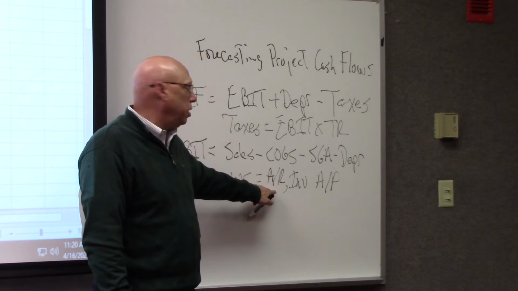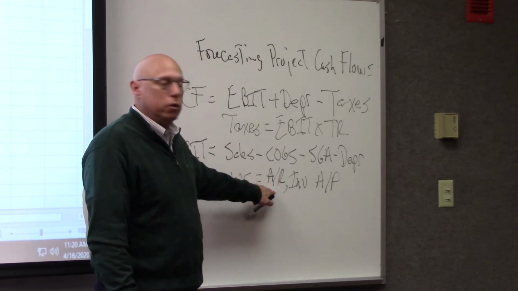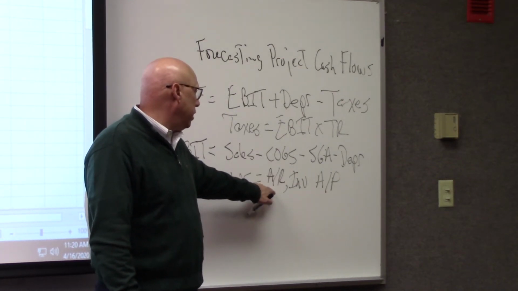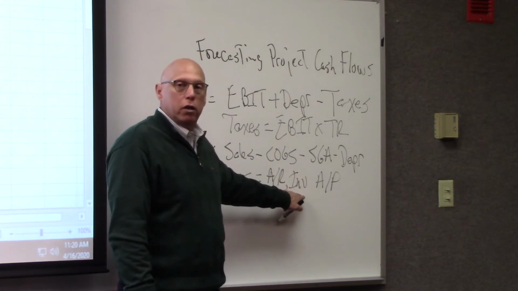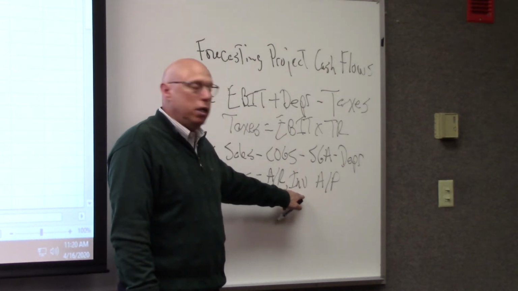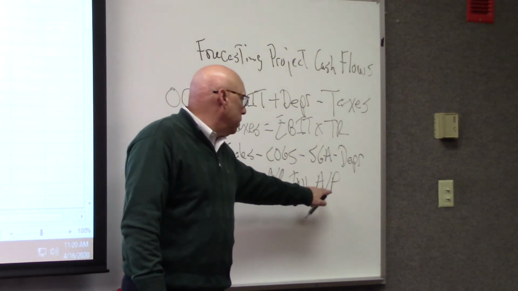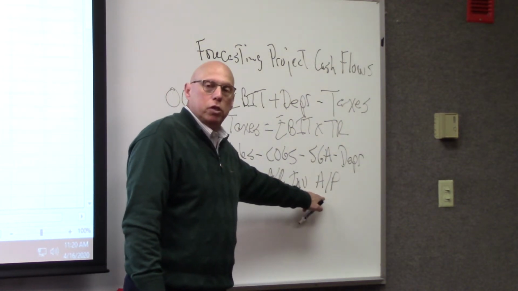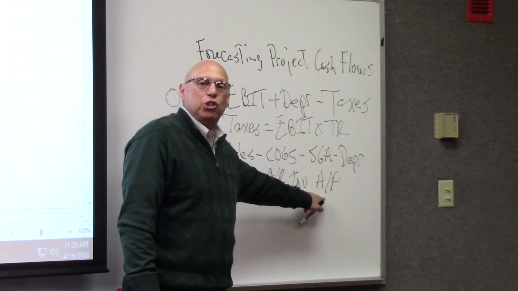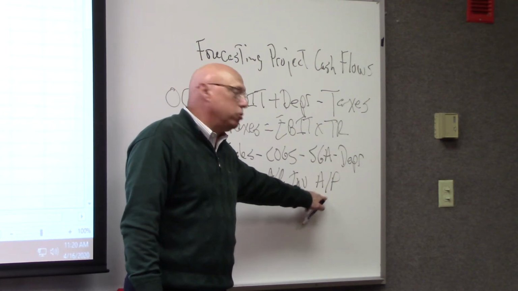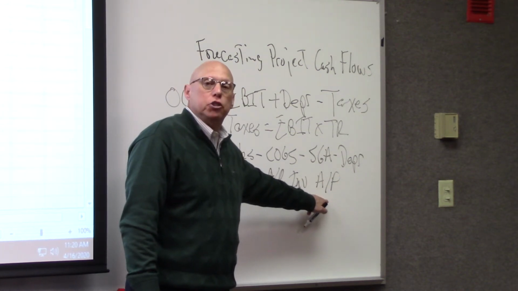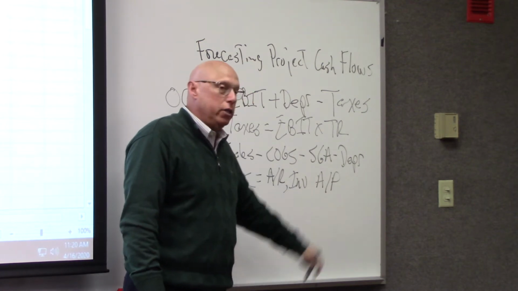That's more money that you need. If accounts receivable goes down, that's cash generated. Money spent on inventory, cash needed. Inventory goes down, cash generated. Accounts payable goes up, less cash needed. Accounts payable goes down, it's a use, more cash needed.